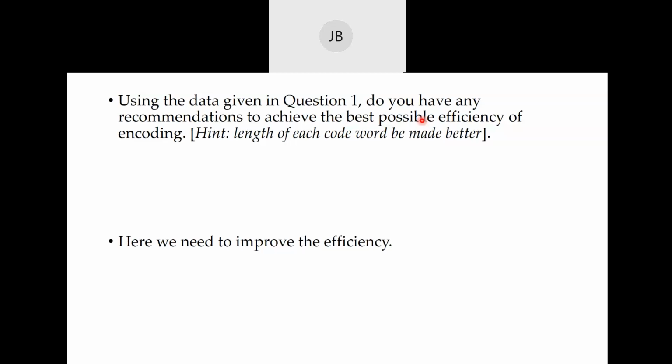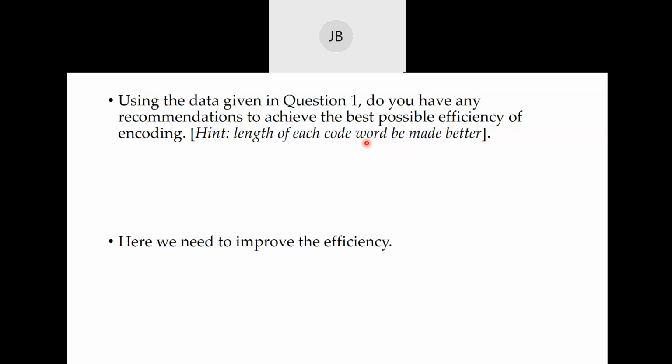So we will first find the efficiency. The ideal value of efficiency is 100%. So can we do something better with respect to efficiency? That is what we have to analyze here. One hint is to try varying the length of the code word: can we have a better efficiency?